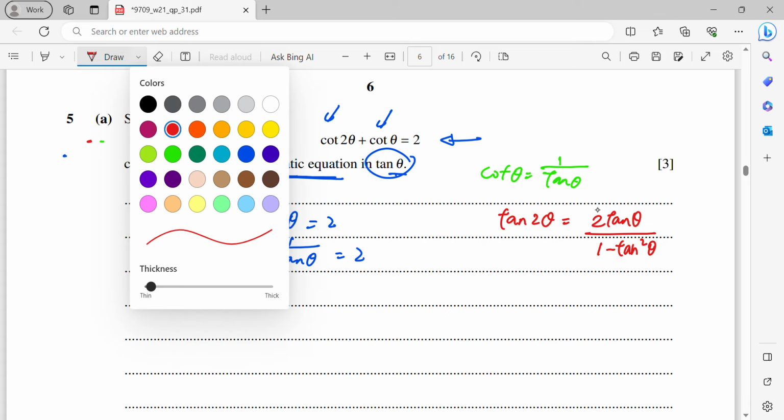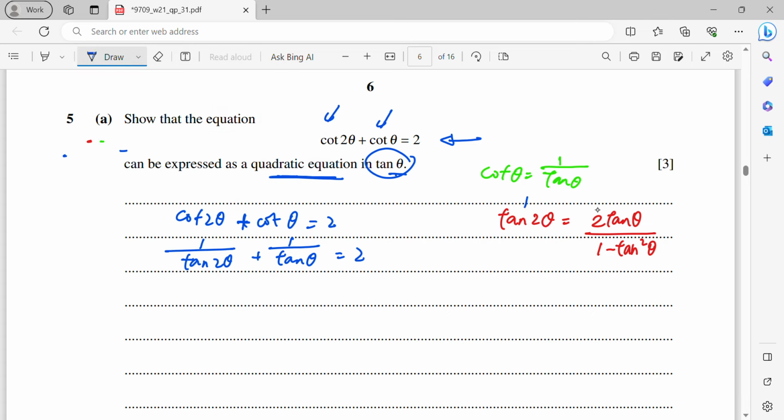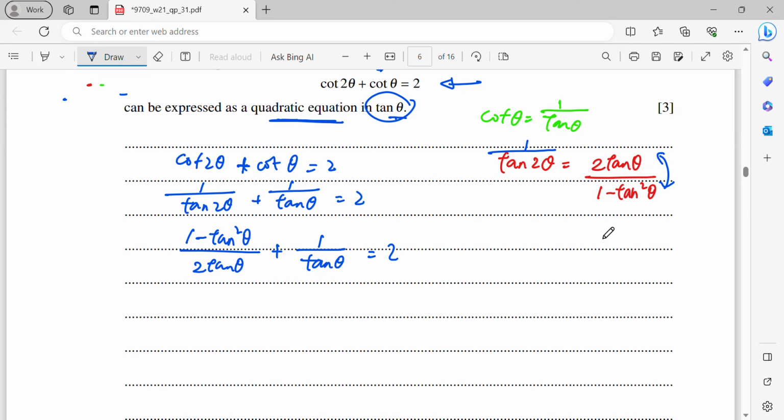Okay, so here, if I take 1 over, I have to swap these two. So I will directly write (1 minus tangent squared theta) over 2 tangent theta plus 1 over tangent theta equals 2. Okay, and then now I will times the whole equation by 2 tangent theta.